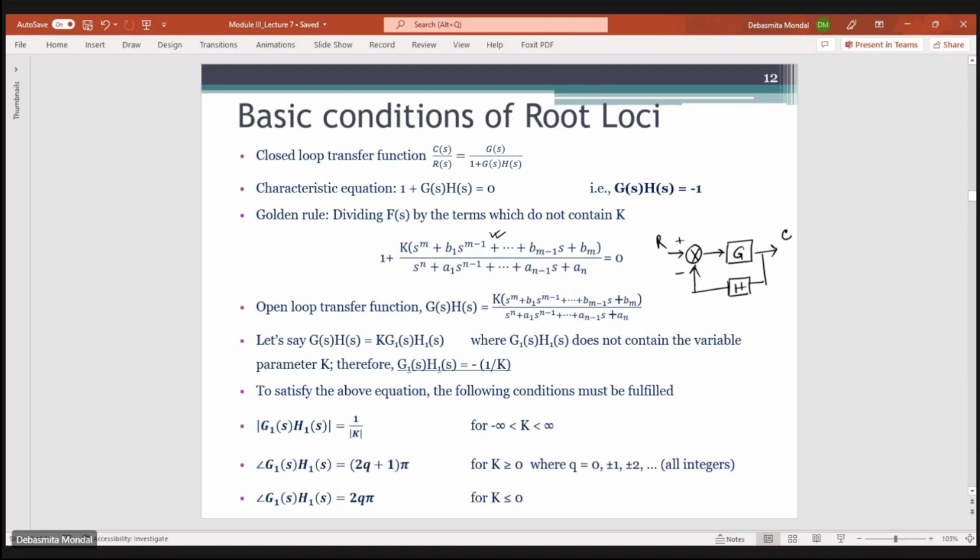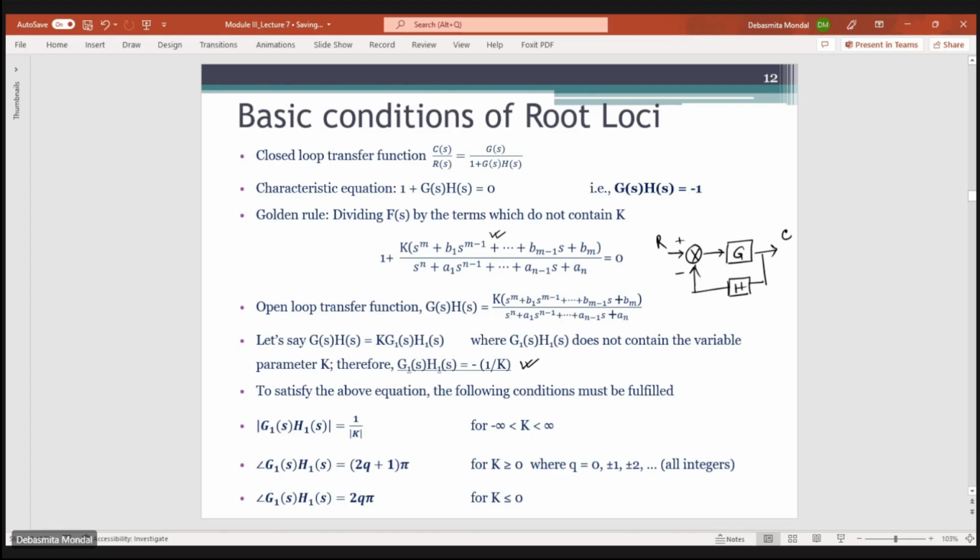Then the conditions which need to be satisfied are, from this equation, the magnitude of G1(s)H1(s) equals 1 by the magnitude of K, for any value of K between -infinity and +infinity.